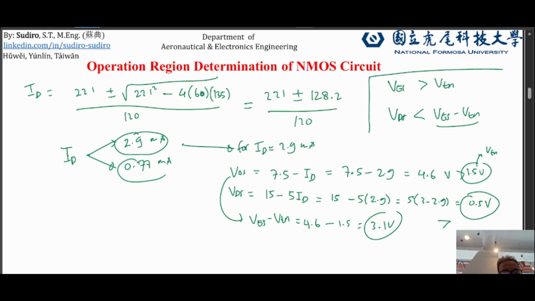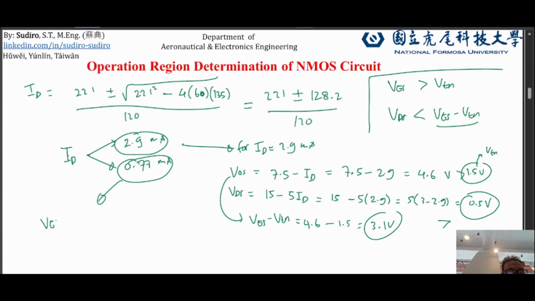Well, how about the drain current 0.77? I confidently say that we must evaluate one or both requirements.